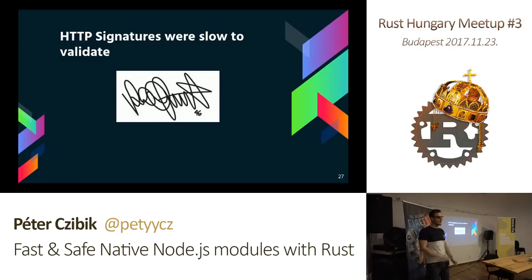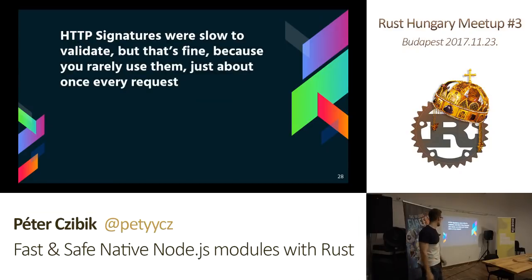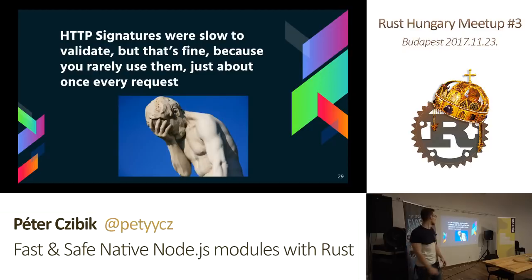What we noticed after some time is that these signatures were really, really slow to validate. But you can say, well, of course, you're doing crypto, and crypto in most languages really sucks because it's going to be really slow. It's fine because you only do it once a request, right?